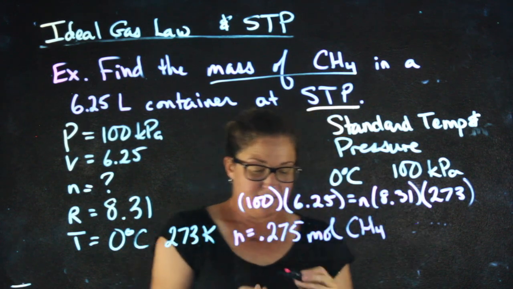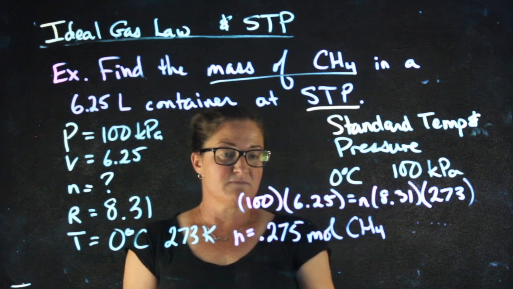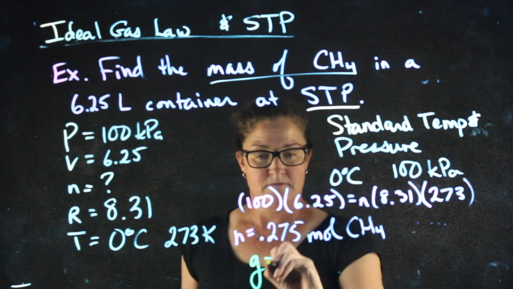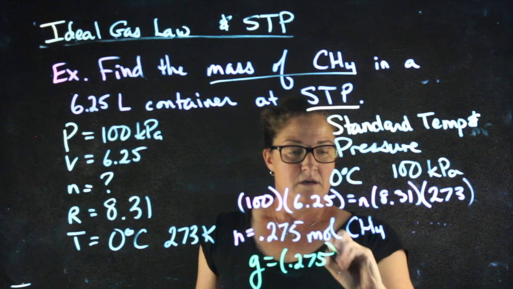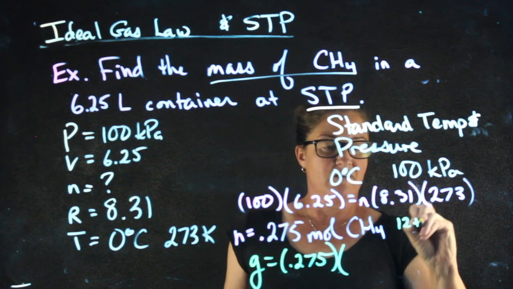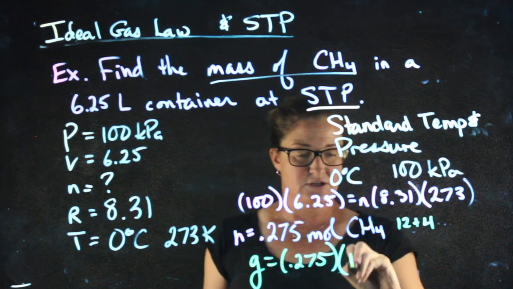To solve for the mass, good old grams equals moles times molecular weight. CH4 has a mass of 12 plus 4 hydrogens, a total of 16.